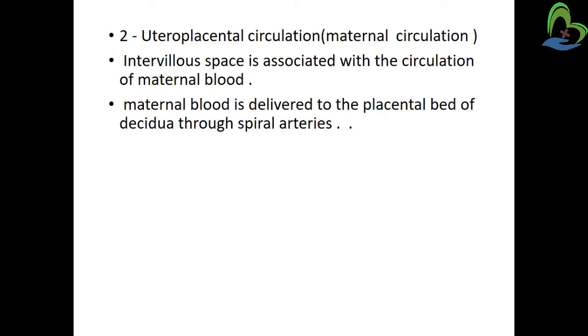It is associated with the circulation of maternal blood, which is delivered to the placental bed of the decidua through the spiral arteries, the branches of arteries. So this is the uteroplacental circulation, also known as the maternal circulation. These are the two types of circulation, fetoplacental and uteroplacental.